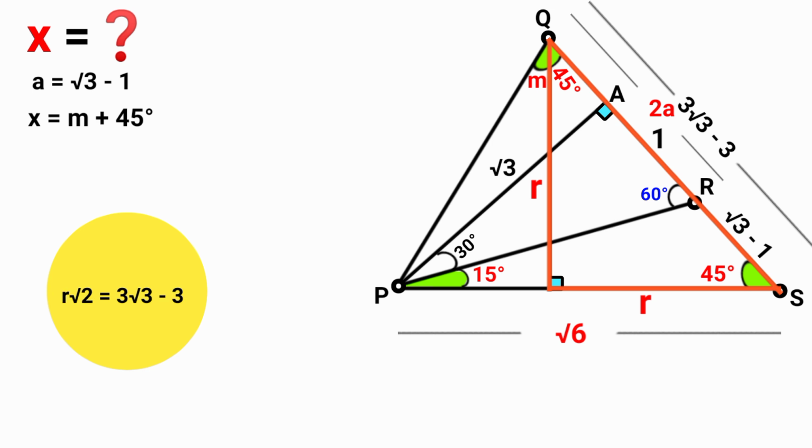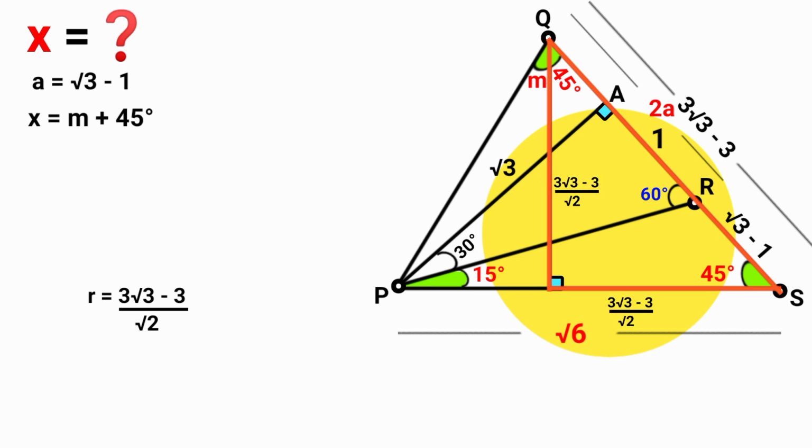That is R root 2 equal to 3 root 3 minus 3. Divide both sides by root 2. Here root 2 cancels root 2. So R equal to 3 root 3 minus 3 all over root 2. That is, the length of these sides will be 3 root 3 minus 3 all over root 2.